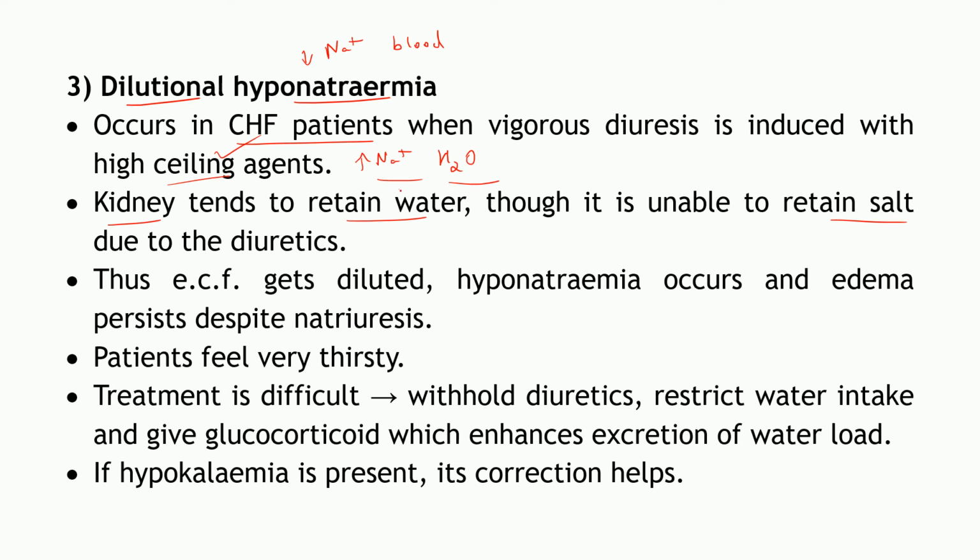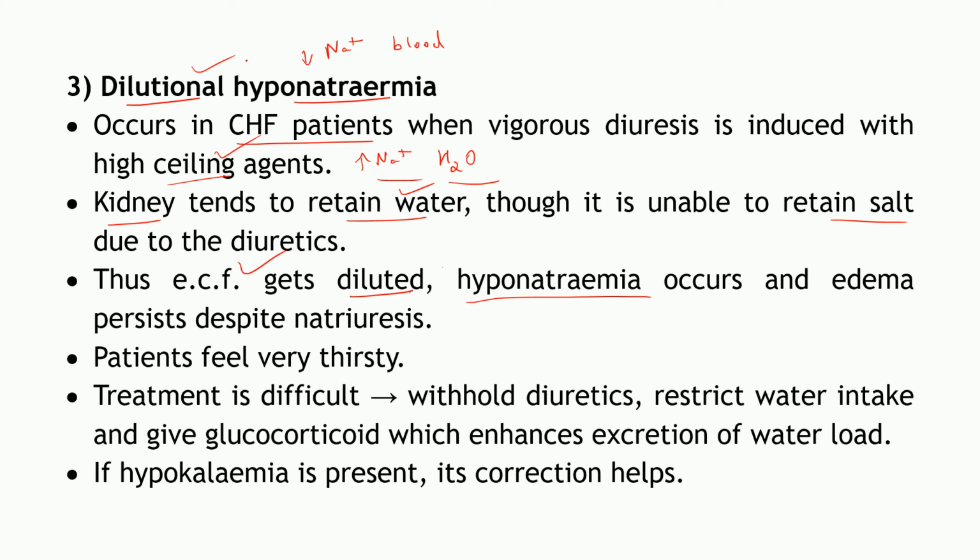Water will be retained. So as a result of this compensatory mechanism and retention of more and more water, the ECF will get diluted. So though the sodium levels may be normal, since water is getting retained, the condition called hyponatremia may be produced. And this condition is known as dilutional hyponatremia.